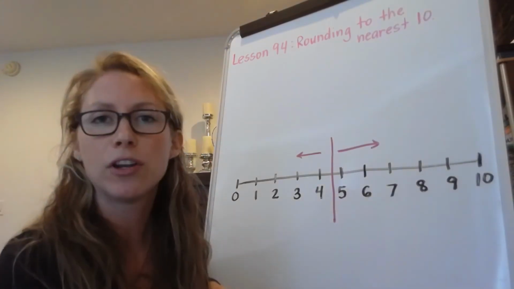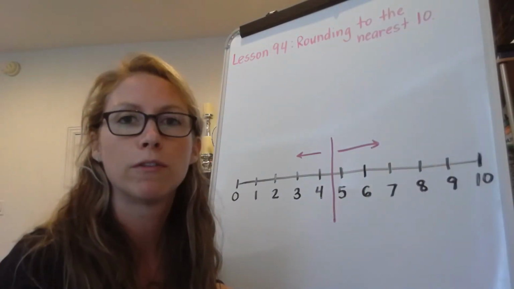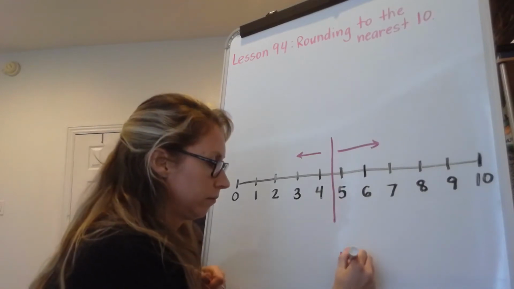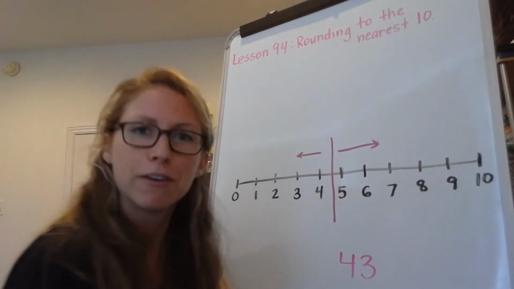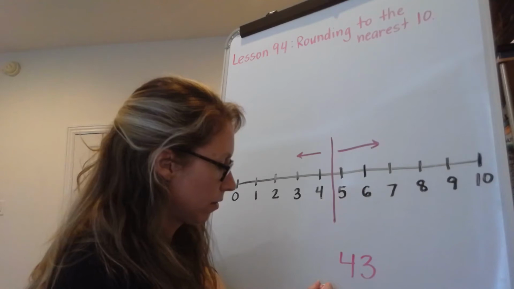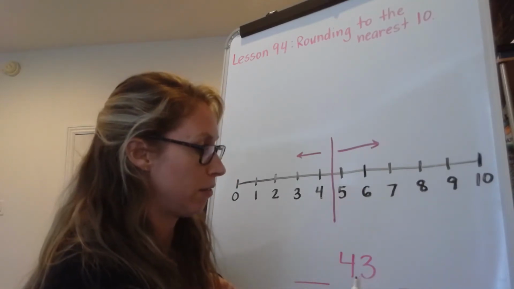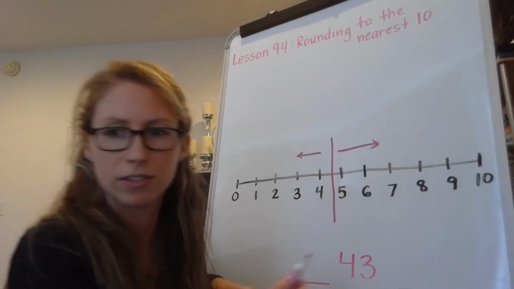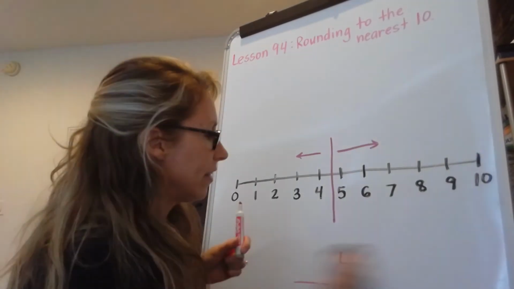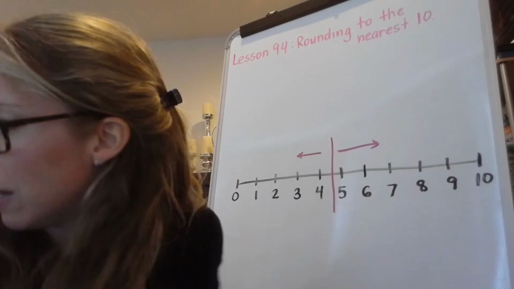So let's say you have the number 43. First thing you can do, let's figure out the 10 that comes before it and the 10 that comes after it.